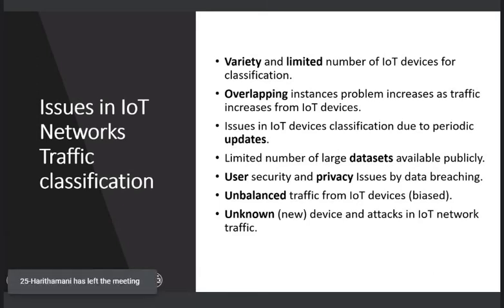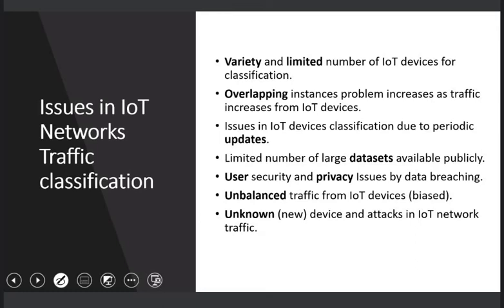Okay, and next, unbalanced traffic. I think it's a very normal thing. Suppose we are classifying some data into multiple classes. For one class, we have huge data, and for a second class, we have very little data. Then if we try to make the model, the issue is always that your model will be biased.